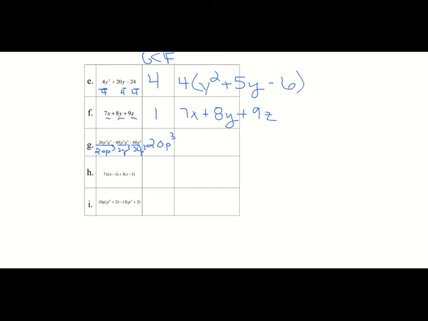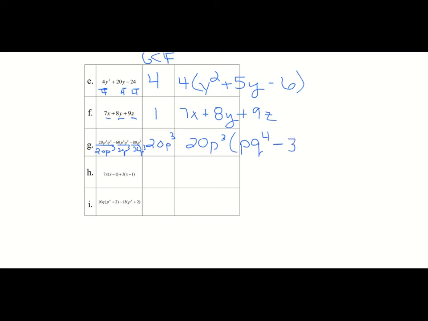All right, 20 goes into 20. Let me put my greatest common factor on the outside because we don't want to throw it away. 20 goes into 20 1 time, so I don't need to put that 1 there unless it's the only thing left. But p to the 4th divided by p cubed will give me p. And then we have q to the 4th left. All right, I'll keep my minus sign there. 20 goes into 60 3 times.